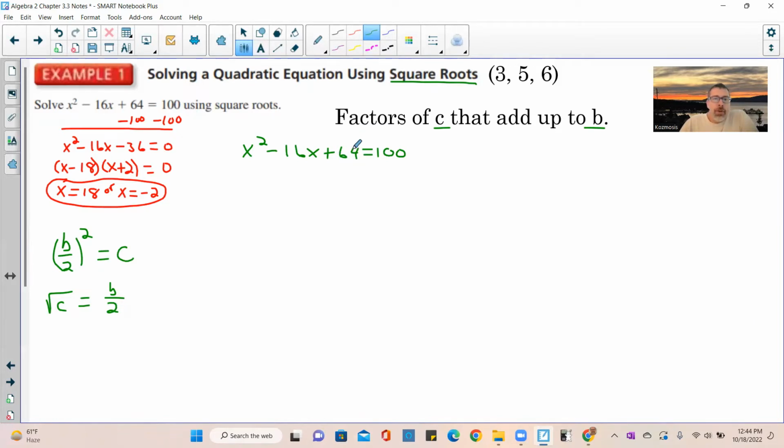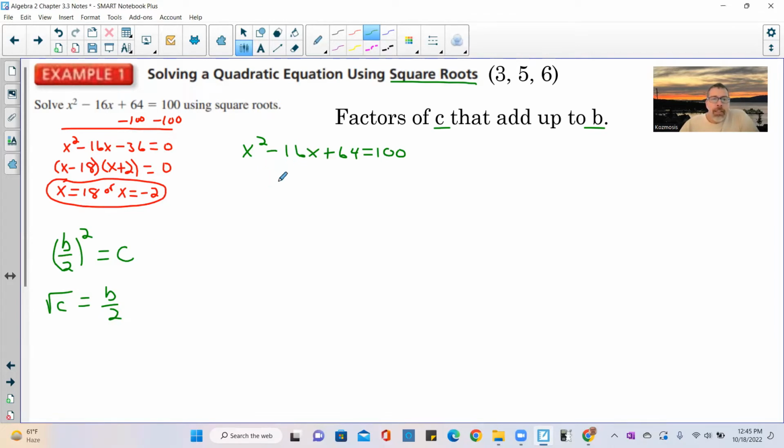The square root of 64 is positive or negative 8, and half of b should be that number. So the square root of c, the square root of 64, is 8, and that has to equal b over 2. Well, b is negative 16, over 2 is negative 8.